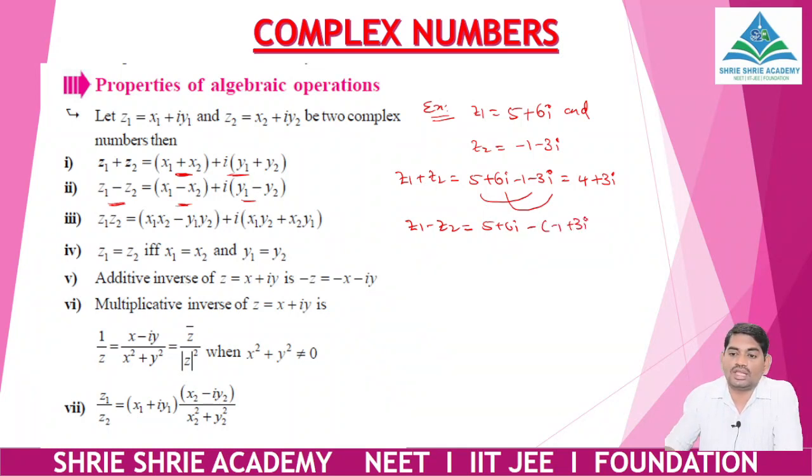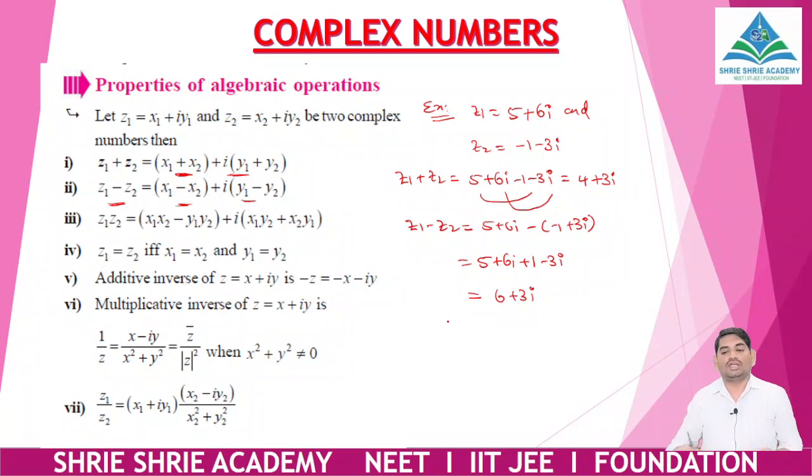Minus 1 minus 3 iota, so we write 5 plus 6i plus 1 plus 3i, which is further 6 plus 9i. So if we add these two complex numbers, we get 4 plus 3 iota. If we subtract these two complex numbers, we get 6 plus 9 iota.